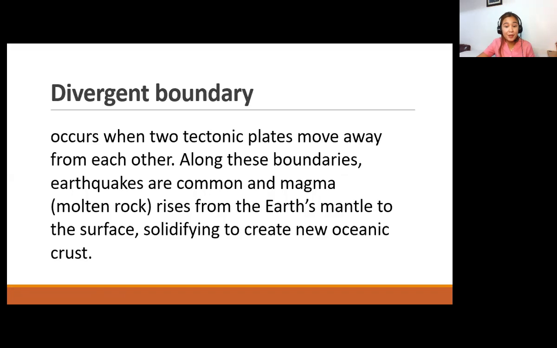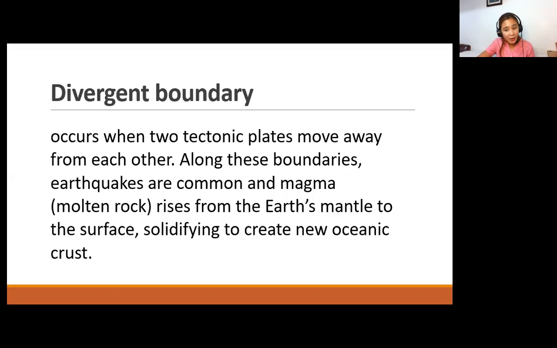So first, let's have divergent. Divergent boundary occurs when two tectonic plates move away from each other. Ibig sabihin, dalawang plate naghiwalay. I will show you a picture later. Along these boundaries, earthquakes are common.